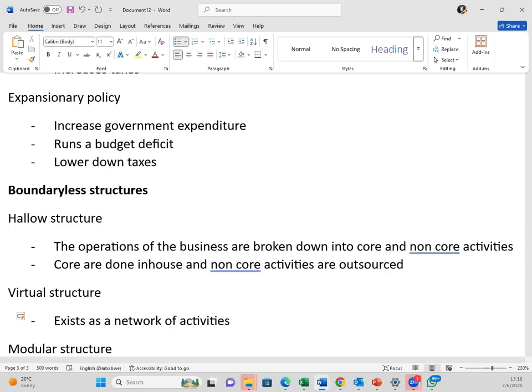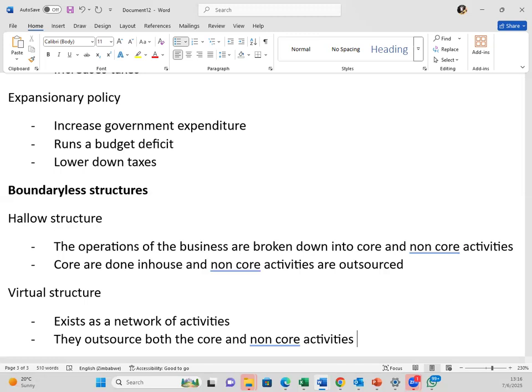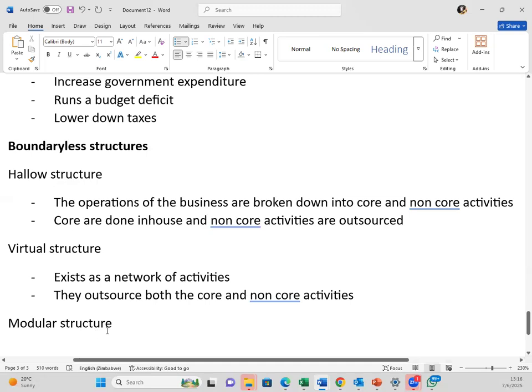So it means the core and non-core activities are outsourced. So we outsource both the core and the non-core activities.